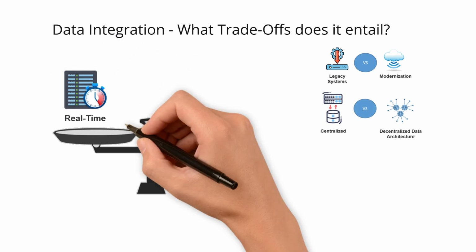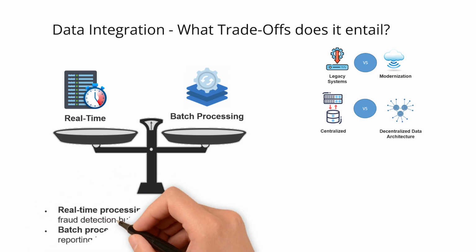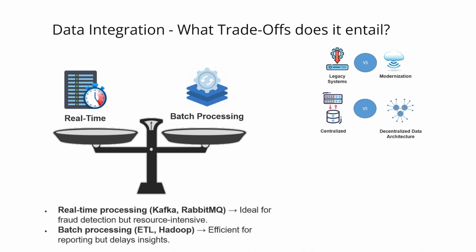Another trade-off is real-time versus batch processing. Some banking operations need data in real time, others work just fine with batch updates. Here's the trade-off. Real-time processing using tools like Kafka are great for things like fraud detection, but it can be resource hungry.